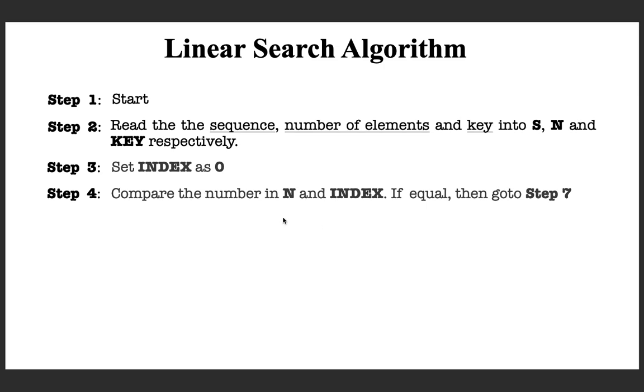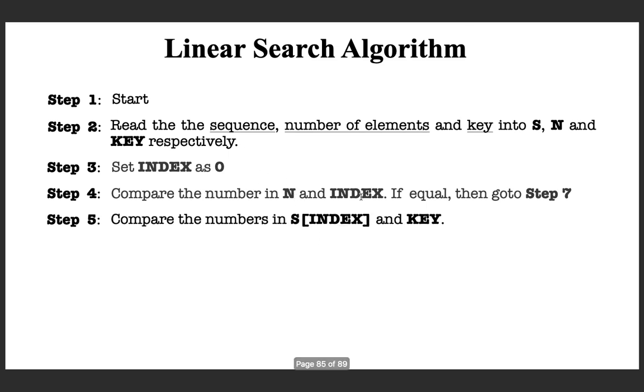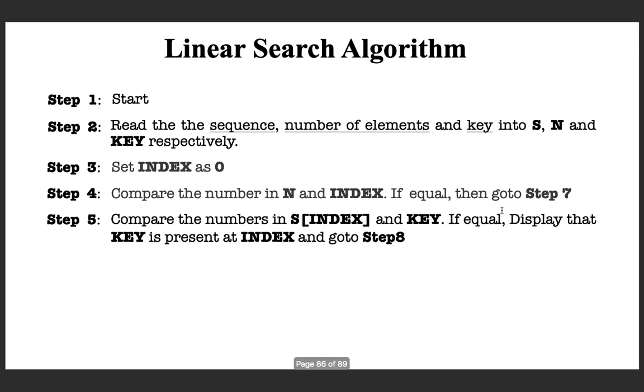If it happens, then the element is not present. Anyway, suppose you have not reached n, index is less than n, what do you do? We have to open what is present at index. You compare the element at index and key. And if they are equal, we found a match, display that key is present at index, and you can stop.